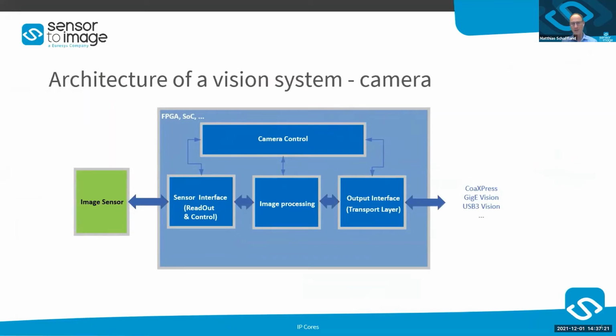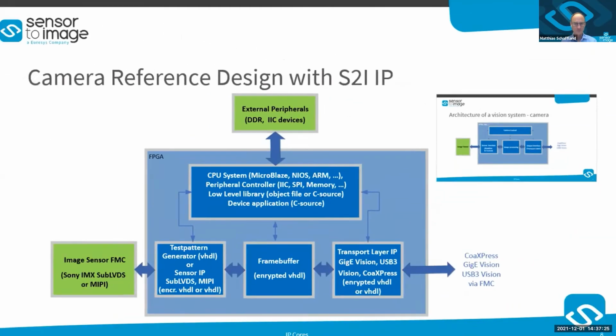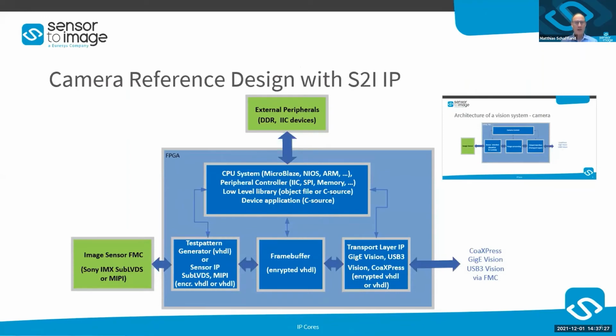So sensor, output, camera control, sensor interface, image processing. And comparing that with a reference design, it looks very similar. So as input, we might have a sensor, but typically it's more a test pattern generator, which is provided as VHDL, and where you can do your own testing and implementing of typical input.